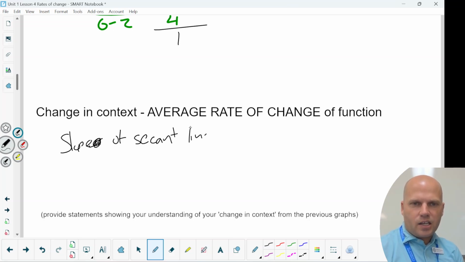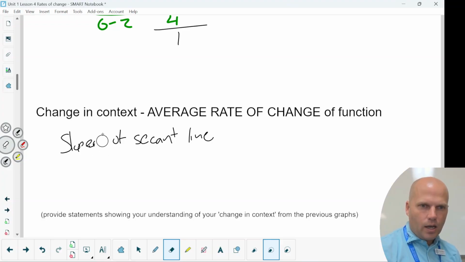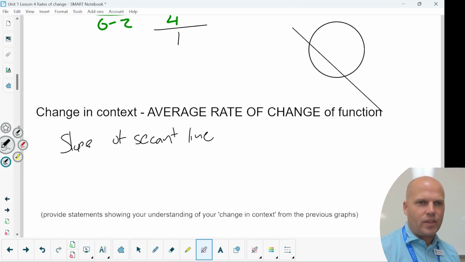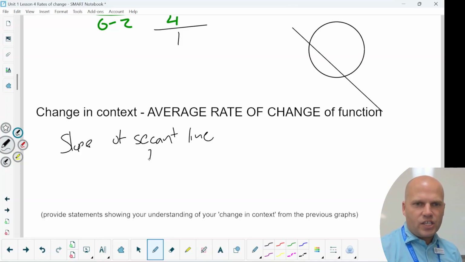A secant line comes from geometry, where if you had a circle and you have a line cutting through a circle twice, we call that a secant line. We think of a secant line with functions as like a line just connecting 2 points. And we just use the slope formula.